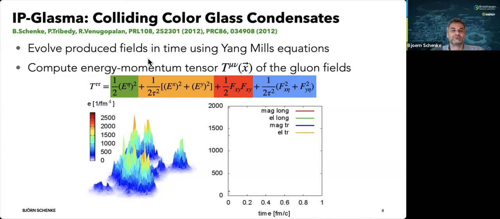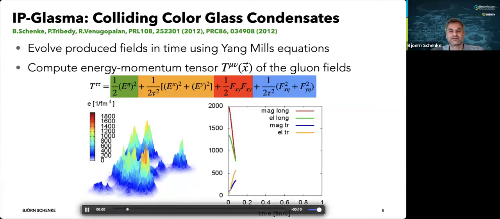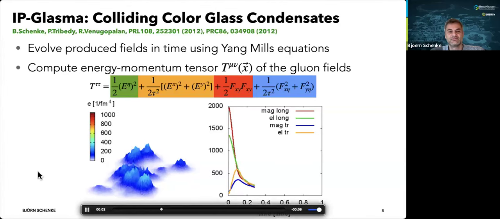And this time evolution is illustrated here. I'm plotting the energy density. Actually, I'm just plotting the tau tau component of the energy momentum tensor as a function of time. You see it here evolving.